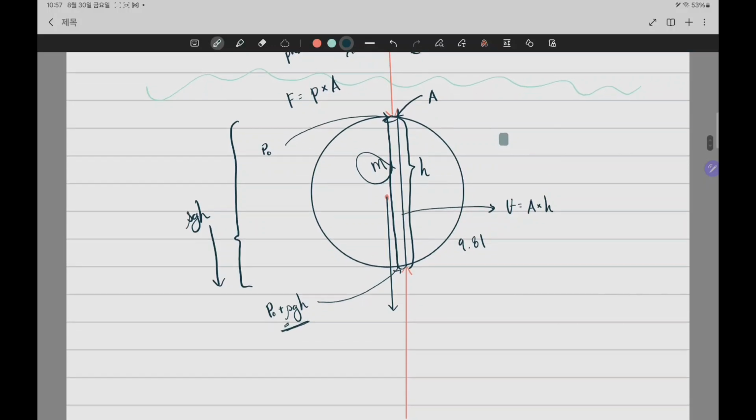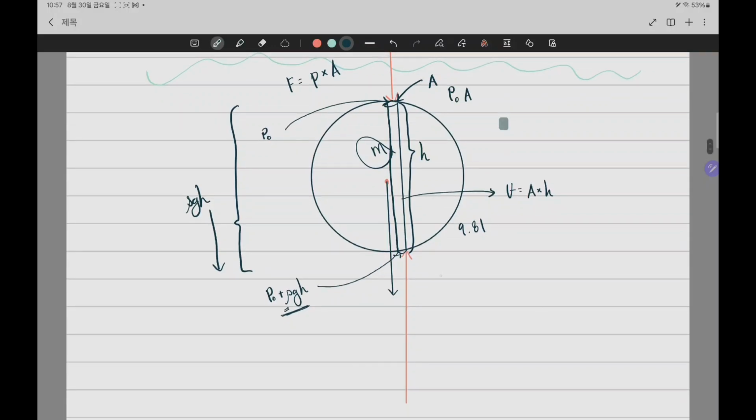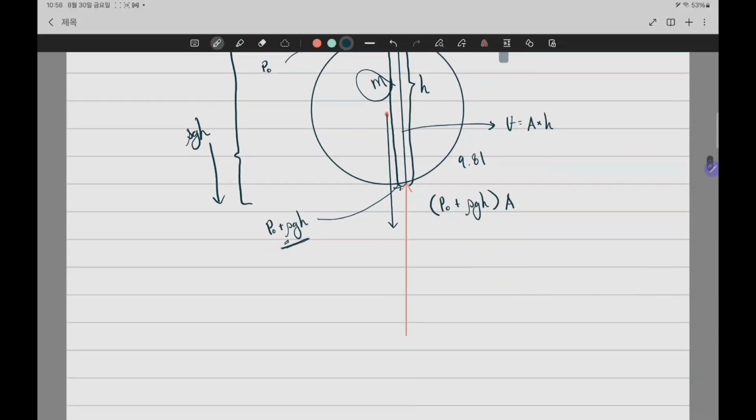And then from here, you can derive that the force here is P0 A, and the force here is (P0 plus rho g h) A. So now we've got a pretty nice formula that calculates all the forces. And now what would be the resultant force of this air and water pressure?